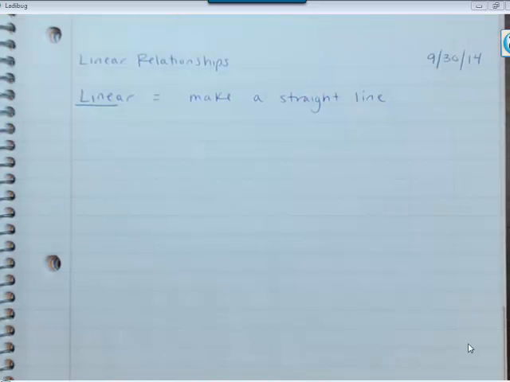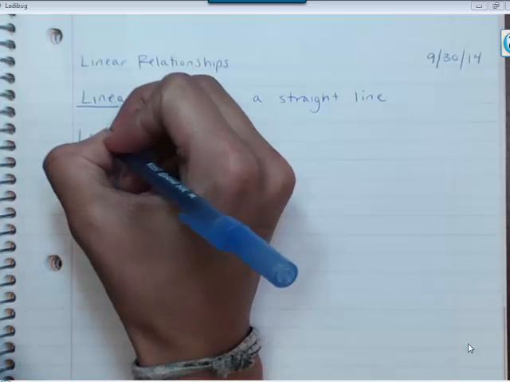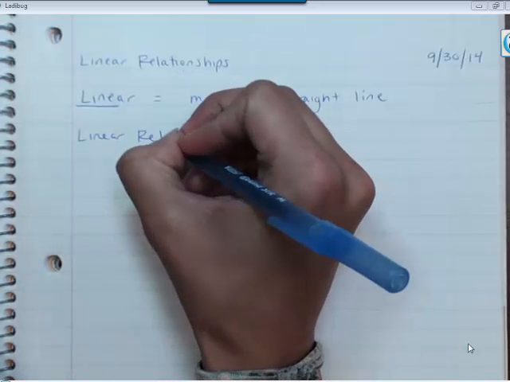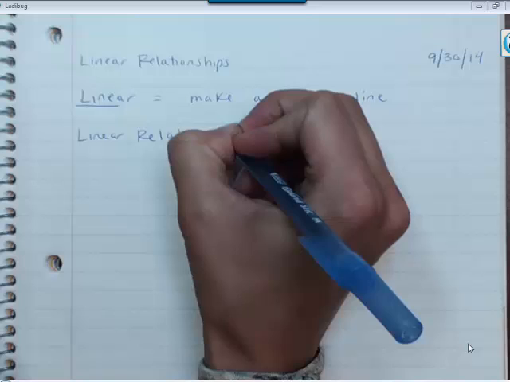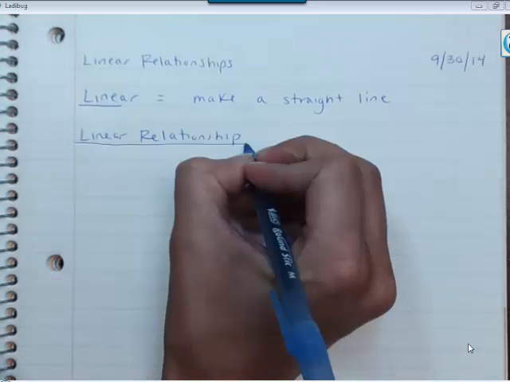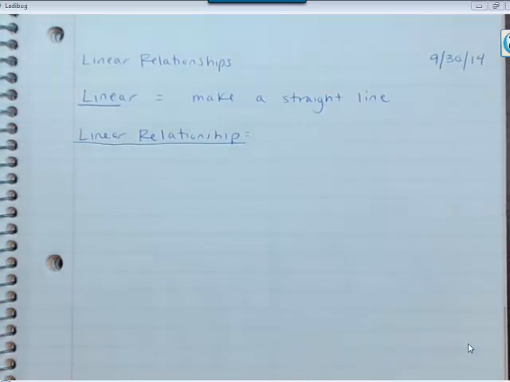Okay, and so if I'm talking about a linear relationship, when I'm just adding the word relationship, it's just talking about the relationship between the x and the y values.